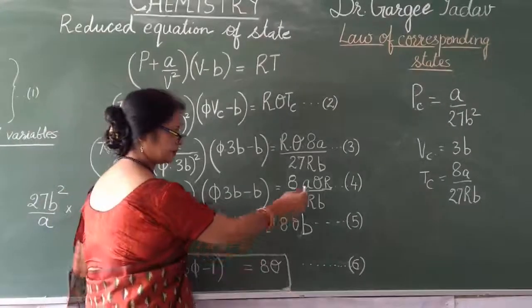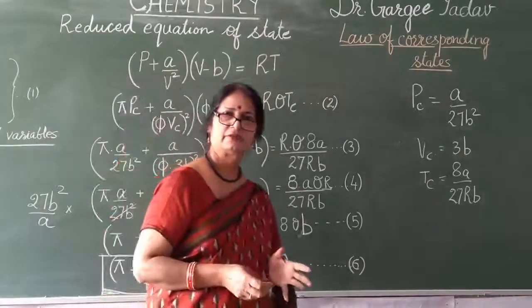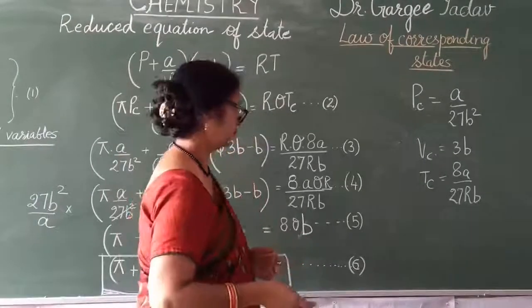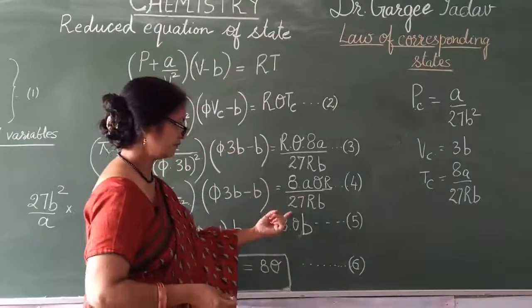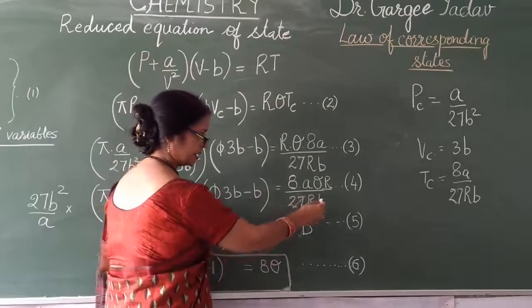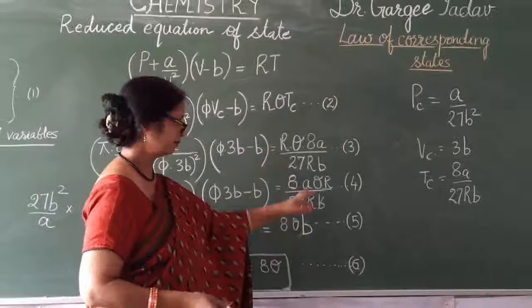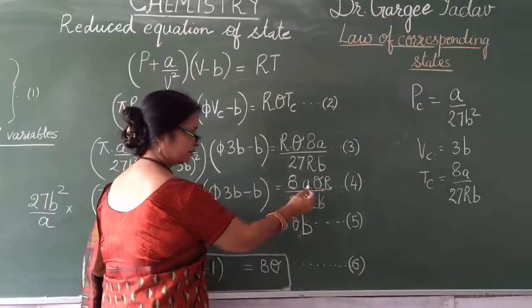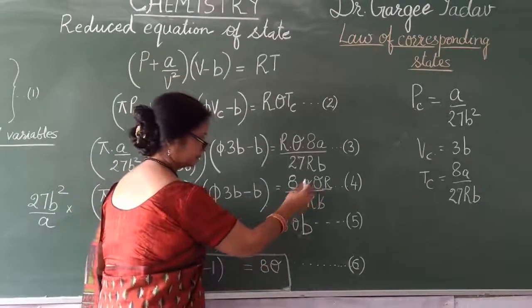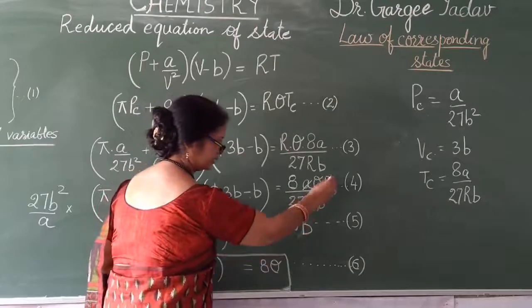And here when we multiply this also with 27b square upon a, what do we get? 27 will get cancelled with 27 and b will get cancelled, but one b will remain over here, and this a will also get cancelled, and this r will get cancelled by this r.